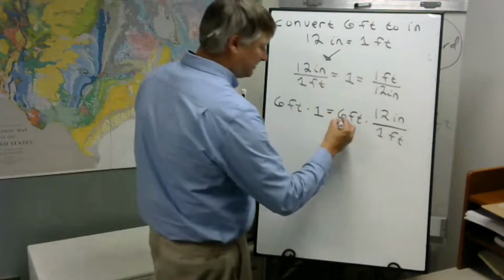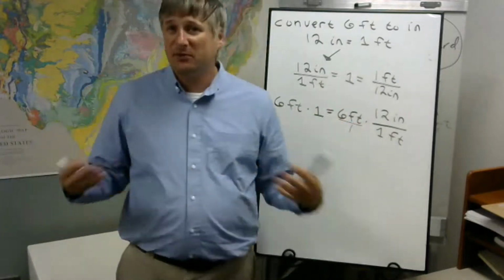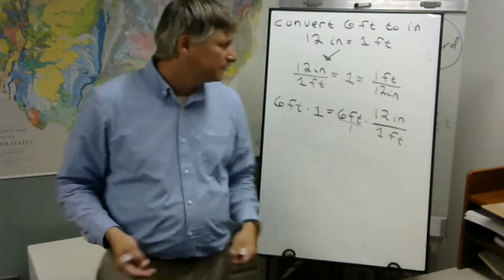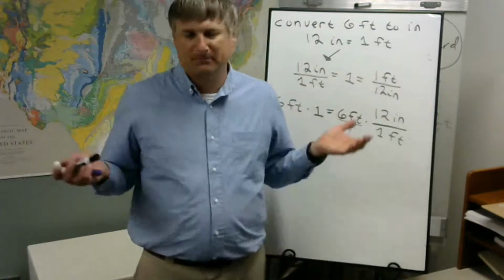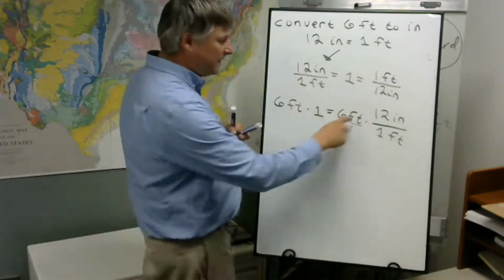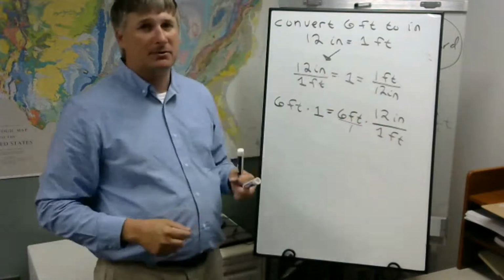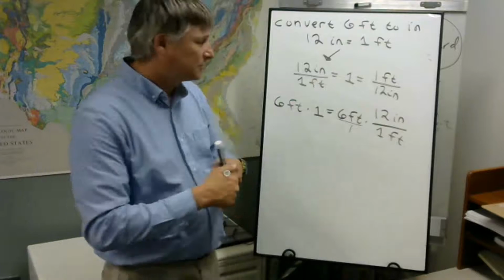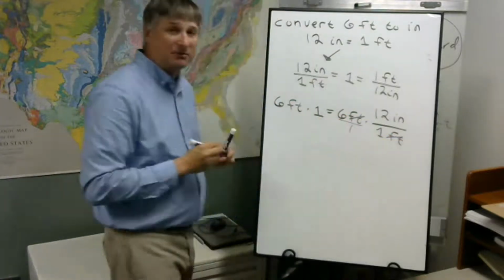Now keep in mind there's an invisible 1 underneath. Every number has an invisible 1 as a denominator. And again, anything divided by 1 doesn't change it. So here we have feet in the top and feet in the bottom, just like we had kilometers in the top and kilometers in the bottom. So that means feet will cancel.